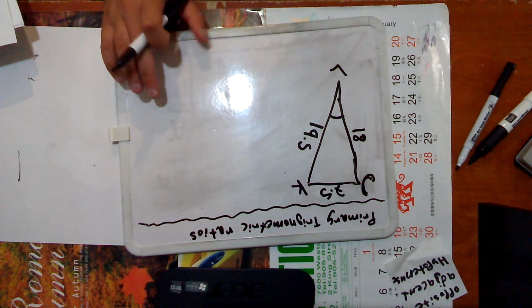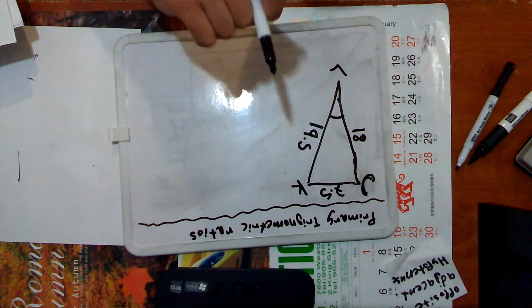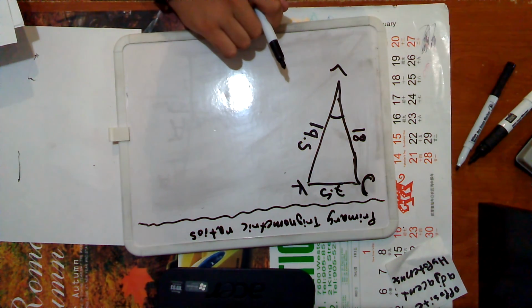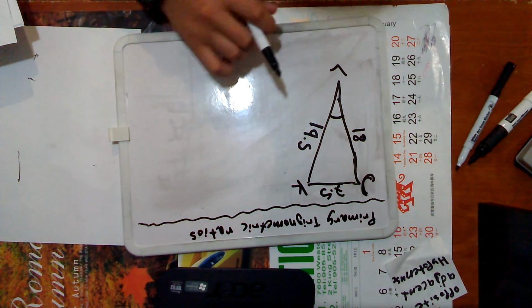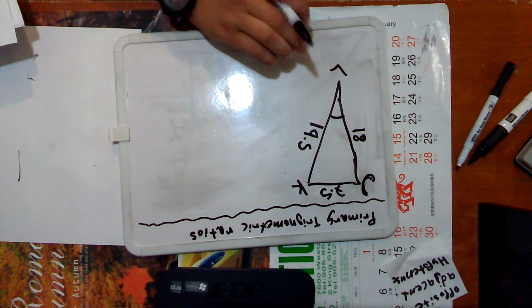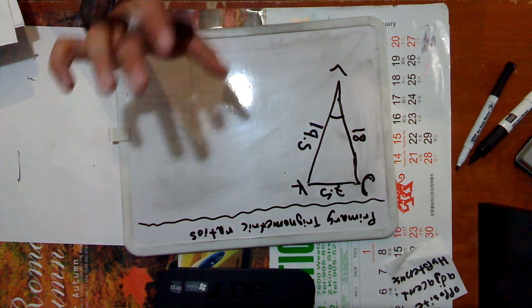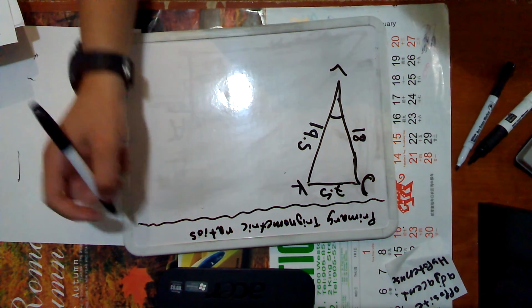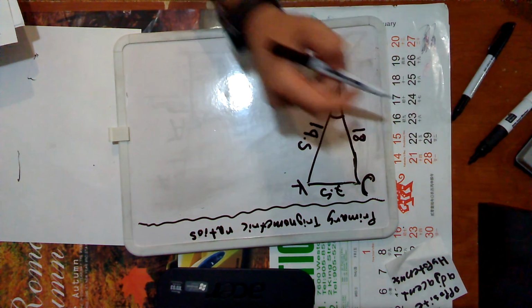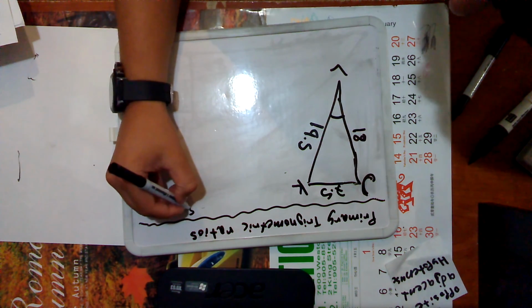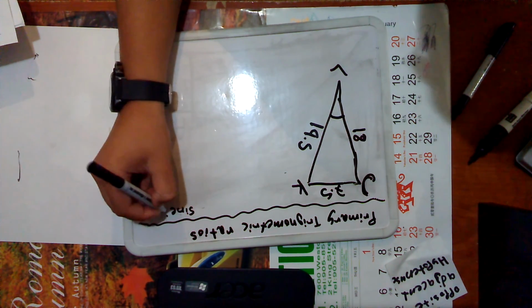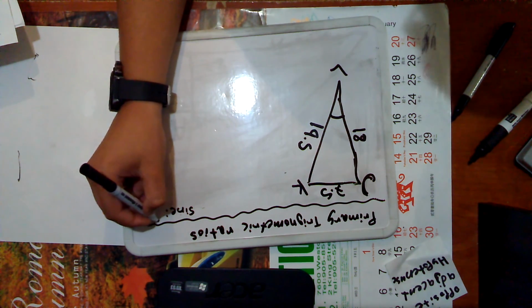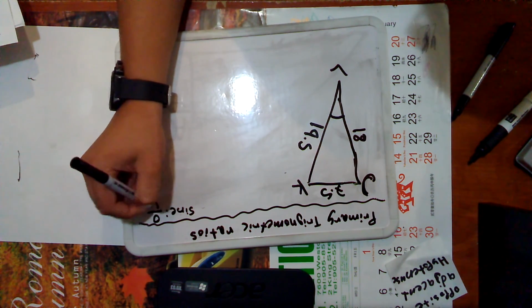Now, I want to ask you this question: tell me the sine of this. If you don't know what sine is, let me give it to you another way, using a small marker. Sine equals opposite over hypotenuse.